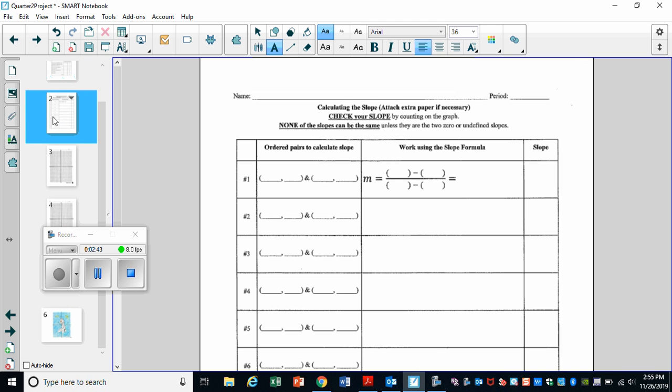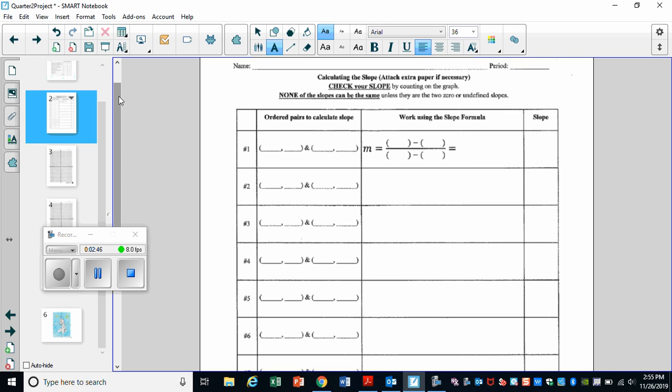Page 2, what you are doing is you're getting your ordered pairs, point 1, point 2, and then you work using the slope formula. Now, notice how your values are in parentheses. That is super important, especially when it comes to subtracting negative values.